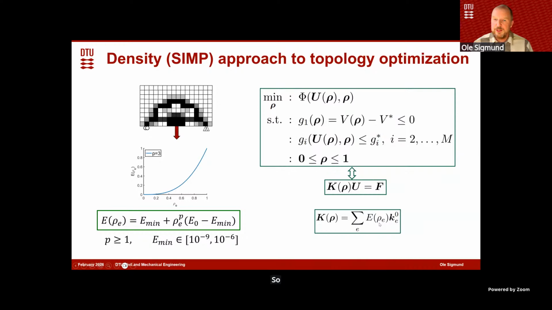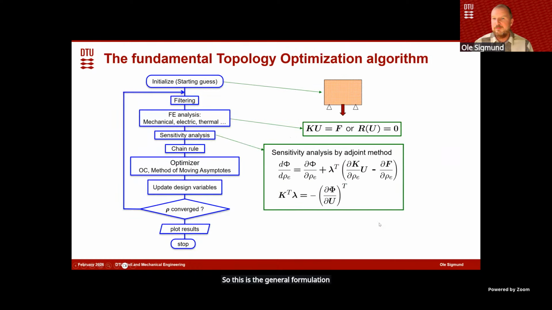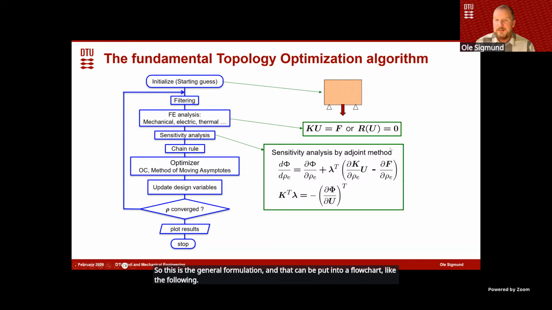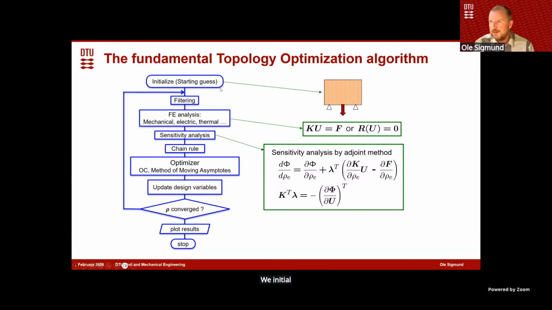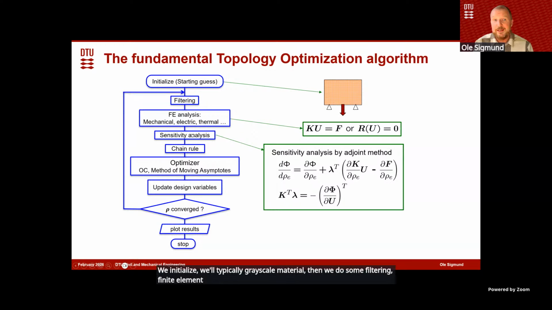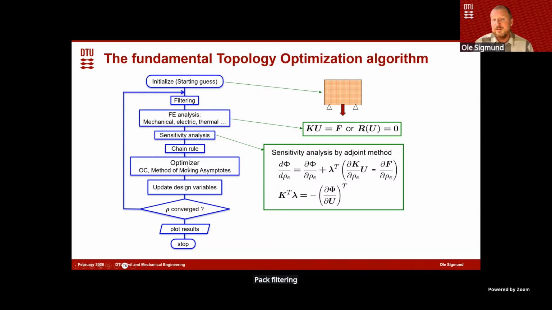So this is the general formulation, and that can be put into a flowchart like the following. We initialize with typically a grayscale material, then we do some filtering, finite element analysis, sensitivity analysis, back filtering or chain rule, then we optimize and we update the variables.